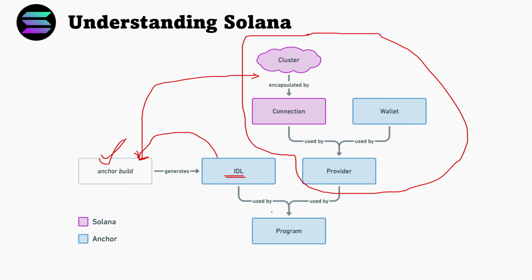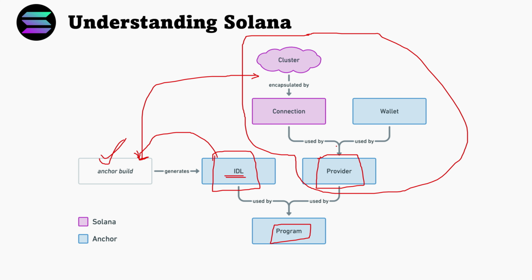So what we do is we create a program variable. Now what the program variable does, it basically is able to understand what is written in our smart contract, and it's also able to understand everything that the provider does. And what does the provider do?